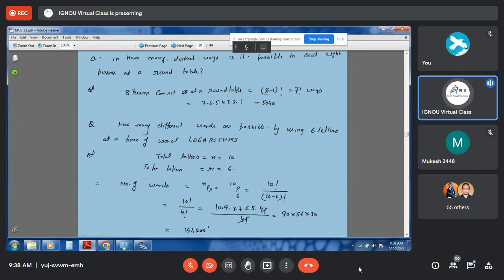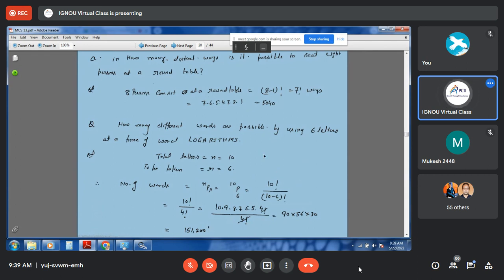Use the simple formula: number of words nPr is equal to 10P6. Don't count which are different and which are the same. Simple: 10 factorial divided by (10 minus 6) factorial. Formula: n factorial divided by (n minus r) factorial. Then solve it. It is 151,200.